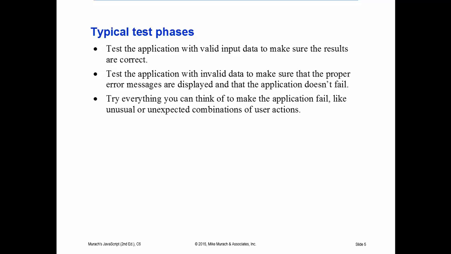Test the application. So this is what you want to do. First of all, you want to make sure the app works the way it's supposed to. For example, with a miles per gallon app, test it with all the valid data that you can think of to make sure the results are correct.